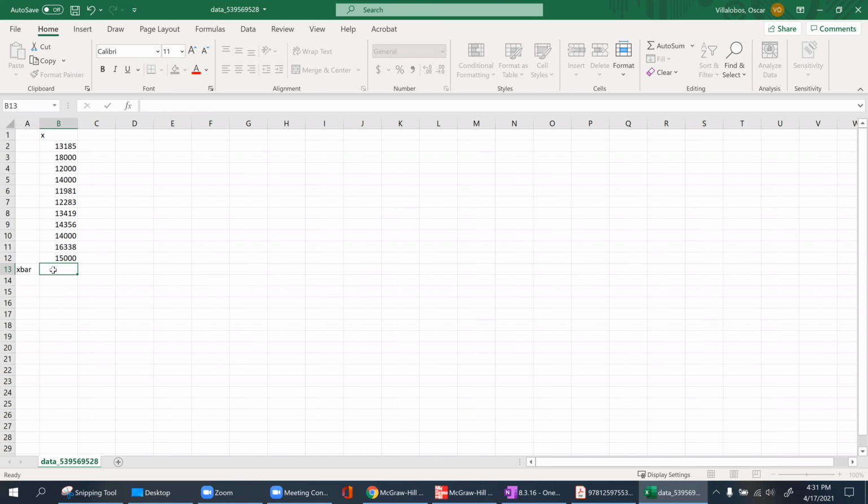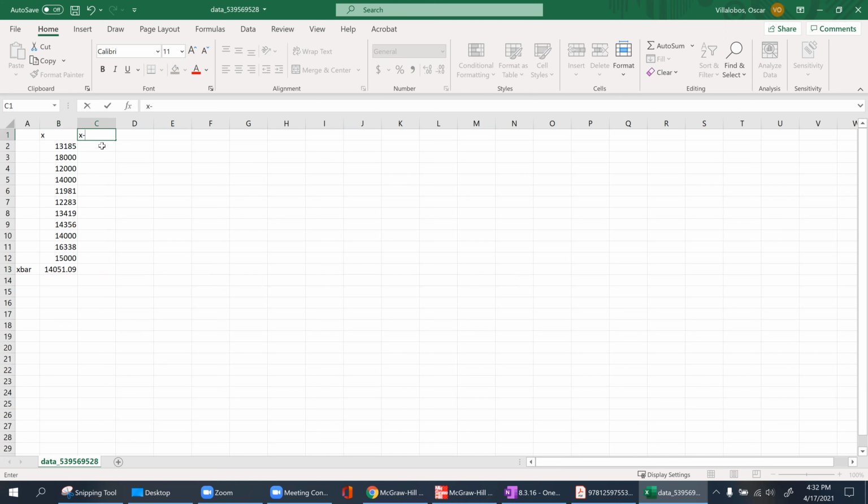My X bar was just the average, in other words the sum of all these values divided by n, not divided by 2, divided by n. And my n was 11. So there we go.